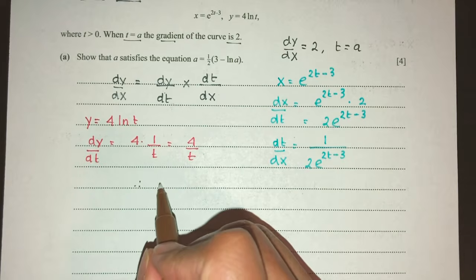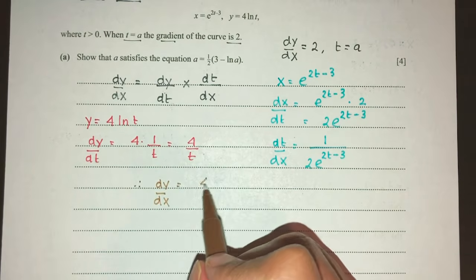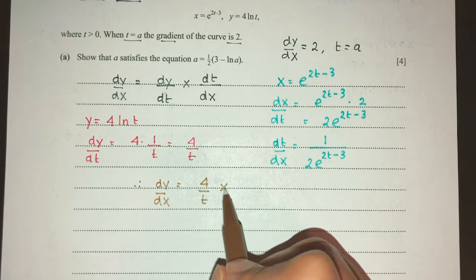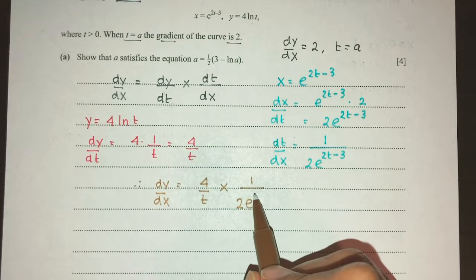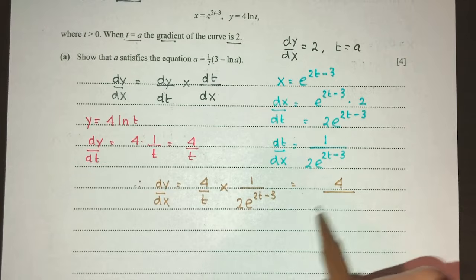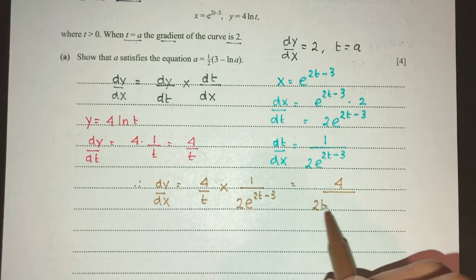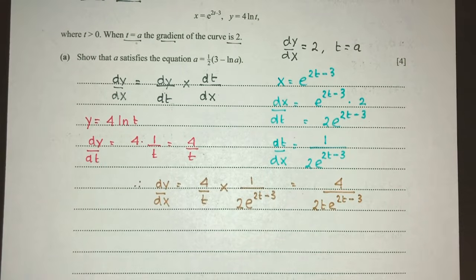So dy by dx is equal to 4 over t multiplied by 1 over 2 exponential 2t minus 3. That will be 4 over 2t exponential 2t minus 3. Now we have found the value of dy by dx.